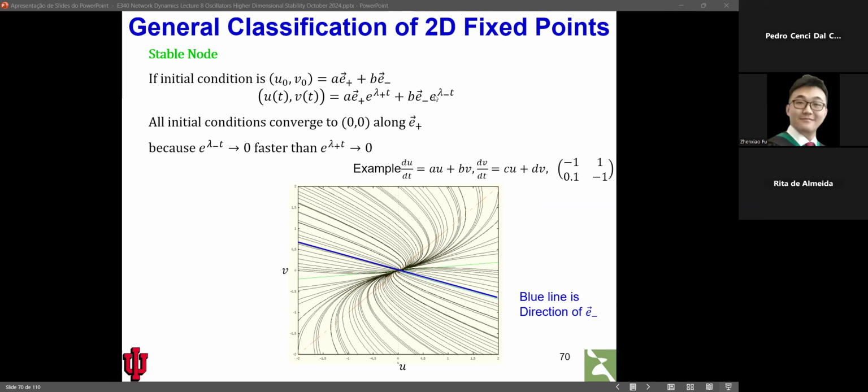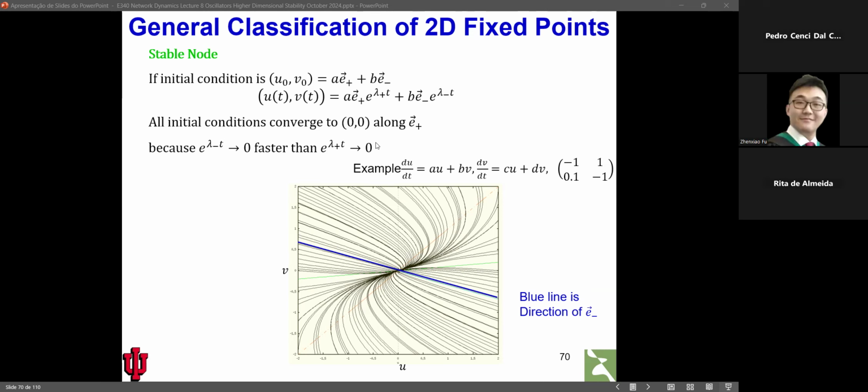The initial conditions converge to 0, 0, because both lambda plus and lambda minus are negative. And because lambda minus is less than lambda plus, but both are negative, lambda minus has a modulus that is larger than lambda plus.